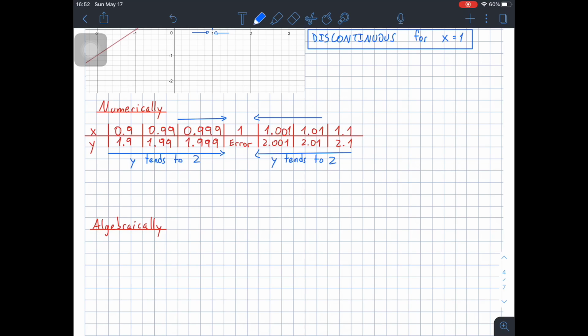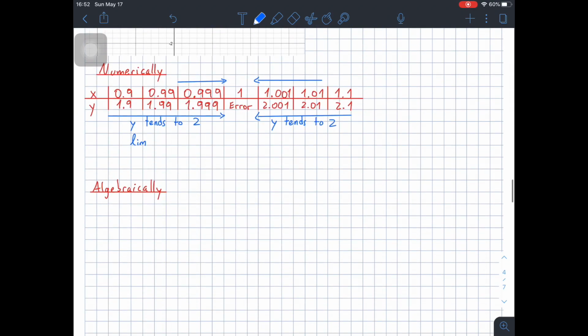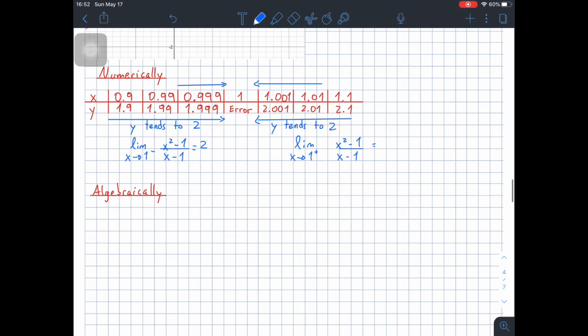Okay, so as these two are the same, I can write this once again as the limit of x squared minus 1 over x minus 1 when x approaches 1 from the left, and the limit equals 2, and the limit of x squared minus 1 over x minus 1 when x approaches 1 from the right is also 2.